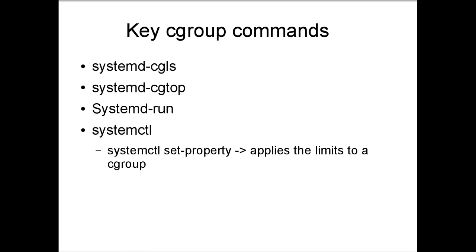Before we go on the command line on the RHEL 7 terminal, here is a review of the key cgroup commands, the most important ones that we're going to use. At the very top, we're going to see systemd-cgls and systemd-cgtop.